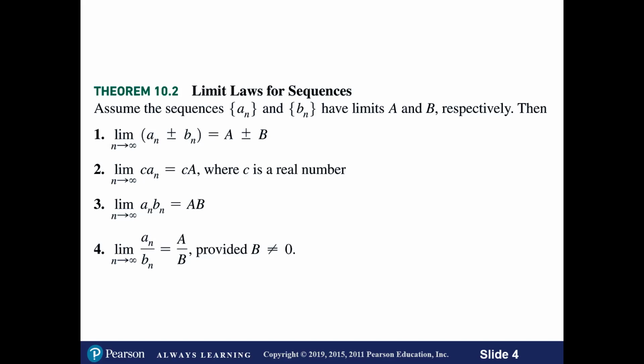The limit of a constant times the sequence is the constant times the limit. The limit of the product of the sequences is the product of the limits, and the limit of the quotient of the sequences is the quotient of the limits, provided that b, the denominator, is not 0.